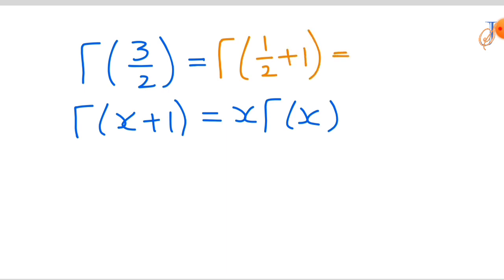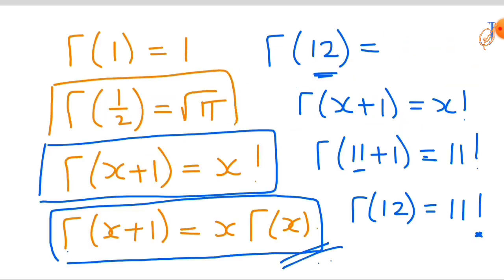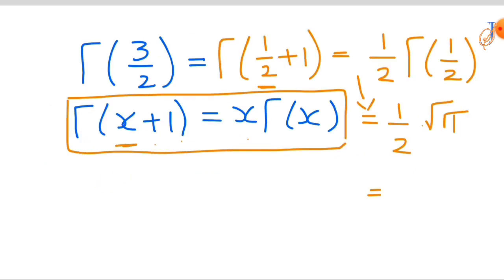So x value is 1 by 2. Now write x times gamma of x, that means 1 by 2 times gamma of 1 by 2. The value of gamma of 1 by 2 is root pi. Then gamma of 3 by 2 is root pi by 2.